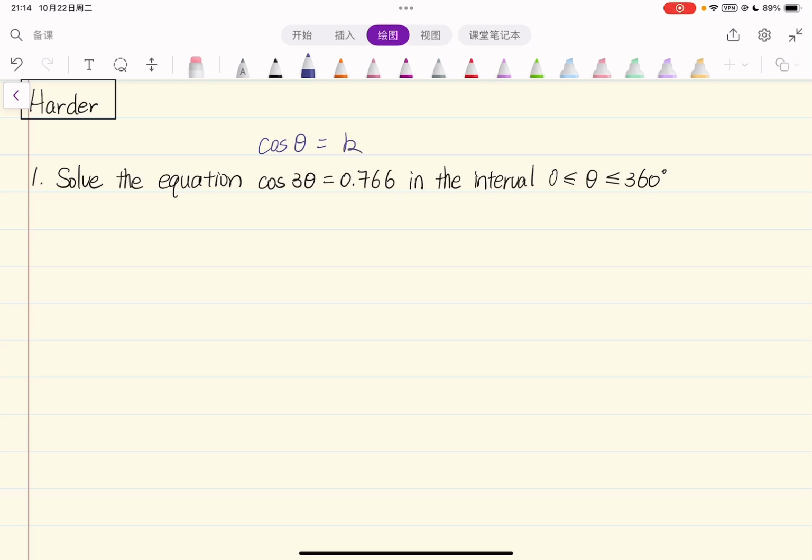The difference in this question is that here it is 3 theta. So for our convenience, we can change it. We can write down let alpha equals 3 theta. Then the equation becomes cosine alpha equals 0.766.